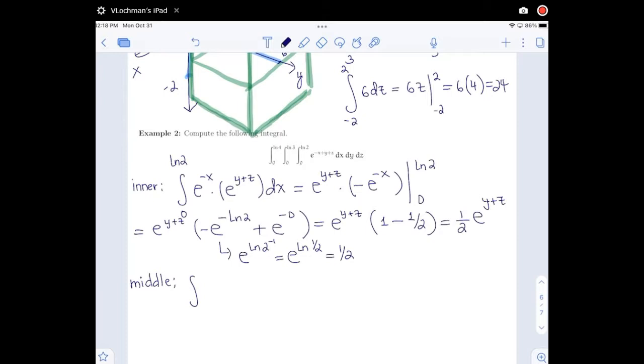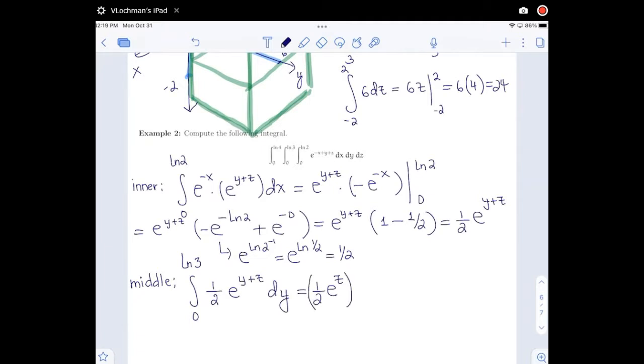Now the middle integral. We go from 0 to natural log of 3. What's my integrand? 1/2 e to the power y plus z dy. So I'm integrating now with respect to y, which means 1/2 e to the z is a constant, right?